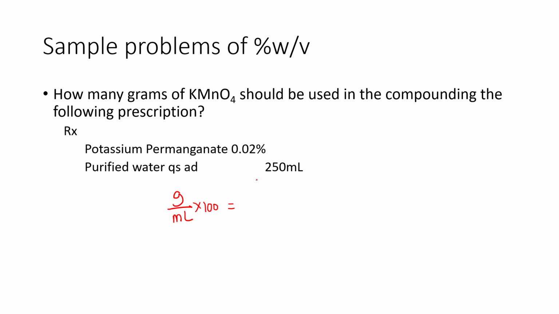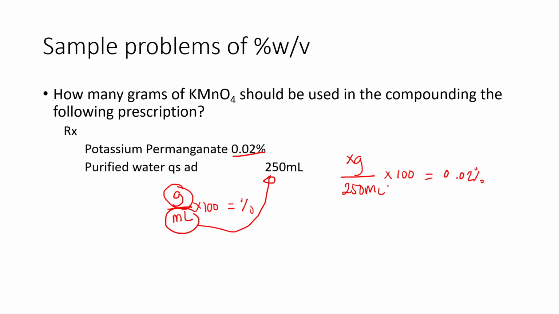Now, what is missing here is our grams. We have our concentration. See, that is it. So what we lack is grams, because we also have the final volume from the formula, 250 ml. So you need to make 250 ml of solution. So you have x grams over 250 ml times 100 equals 0.2%.